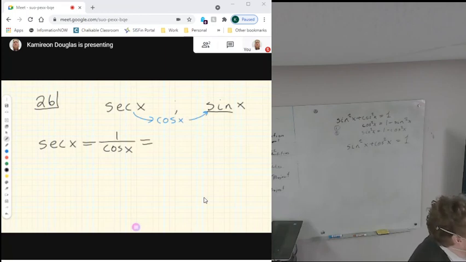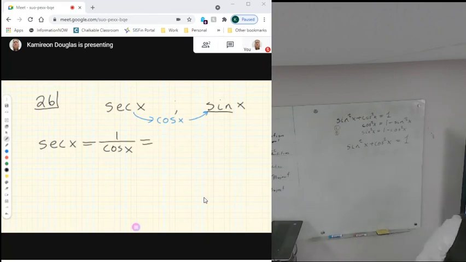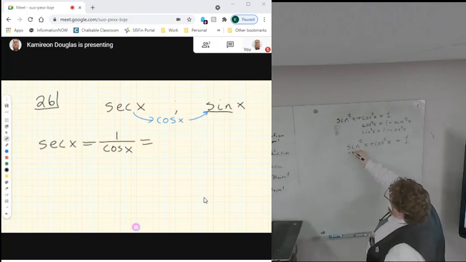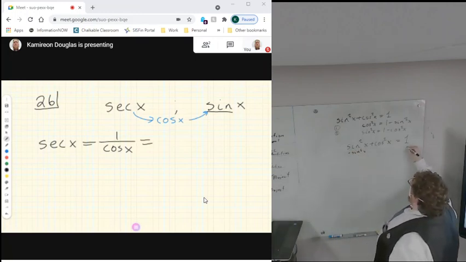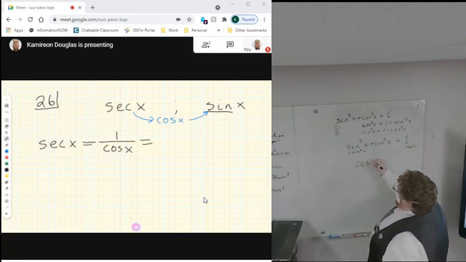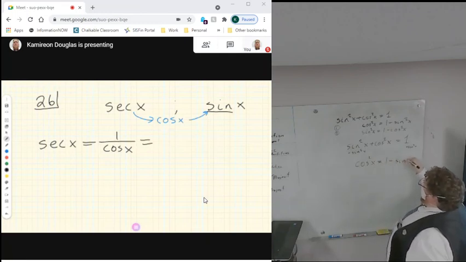Now keep in mind, I want to get rid of the cosine and replace it with the sine function. So the best way to do this is to solve for cosine. I've already done that on part 1, so I'm going to do that step. I subtract sine squared from both sides and get this formula. Cosine squared of x is equal to 1 minus sine squared.